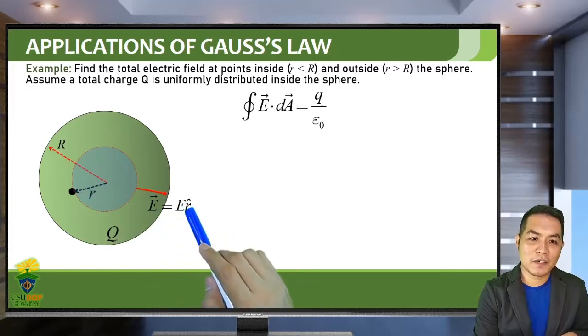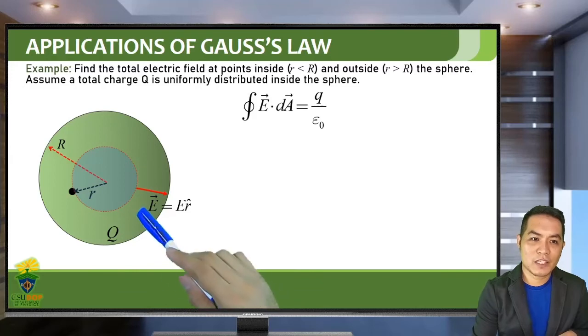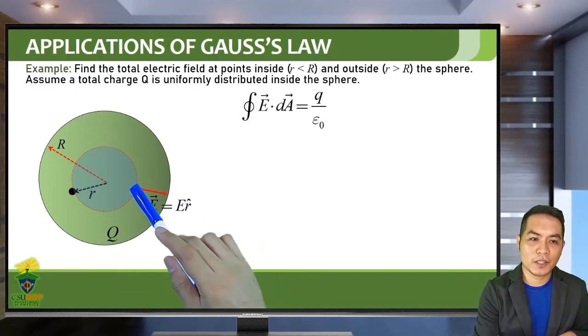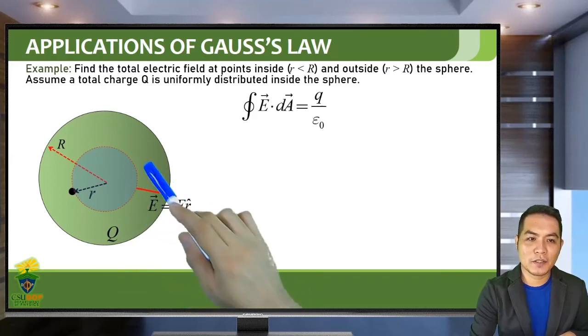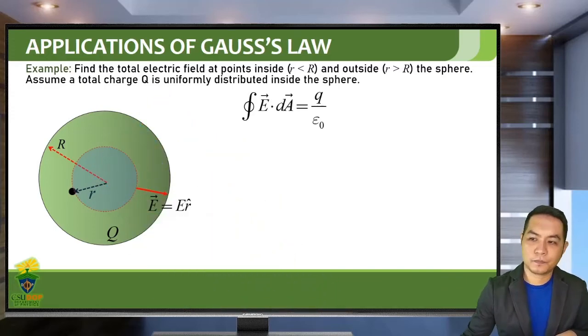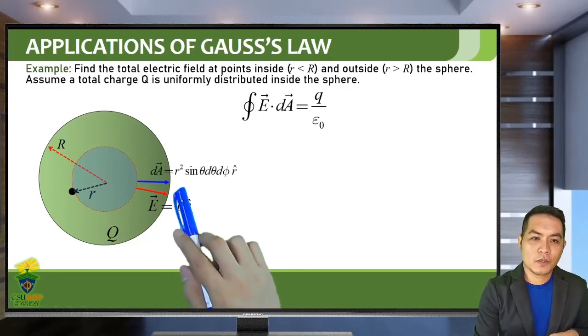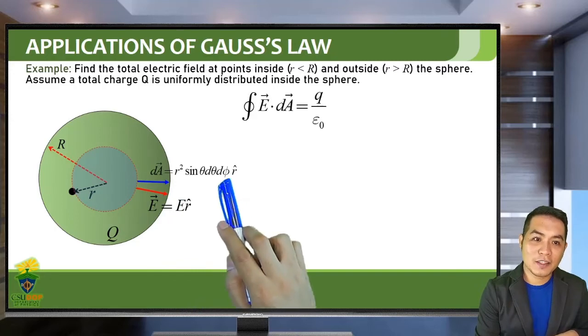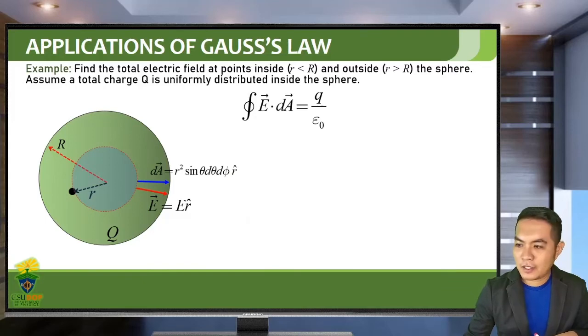They just differ in direction. At this point, the direction of the electric field is in that direction. At this point, the same magnitude but different direction, and so on. But that direction is r hat. The area vector is also along the r hat direction. There's only one area vector in spherical coordinates.